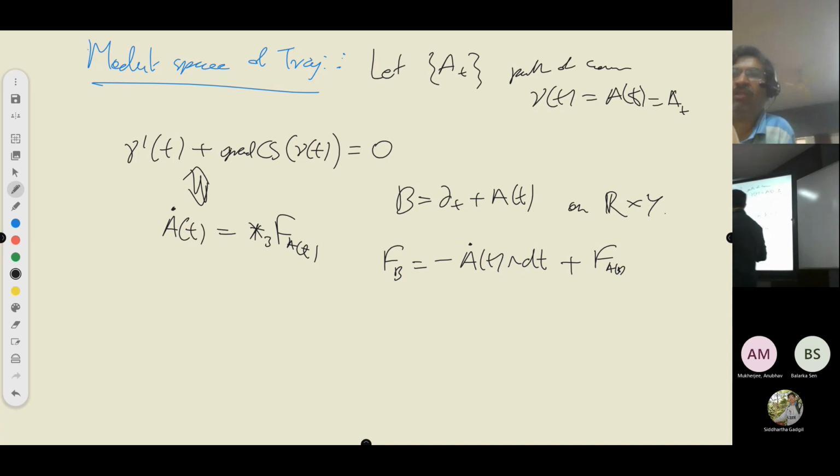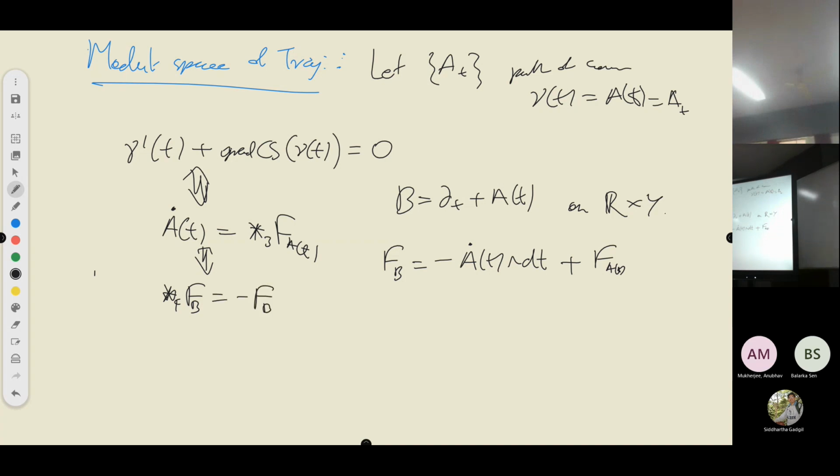So with that expression in mind, this is equivalent to the 4-dimensional Hodge dual. What I mean by the 4-dimensional Hodge dual is you're taking Hodge star on R cross Y instead of just on Y. This is equal to minus the curvature of B. So typically this is abbreviated to FB plus is equal to 0.